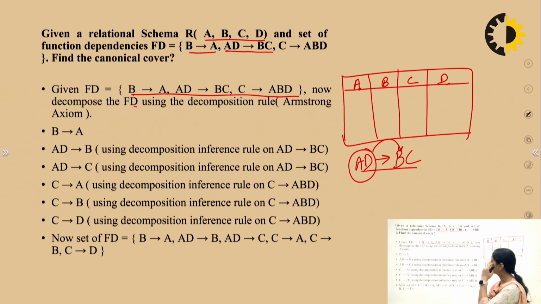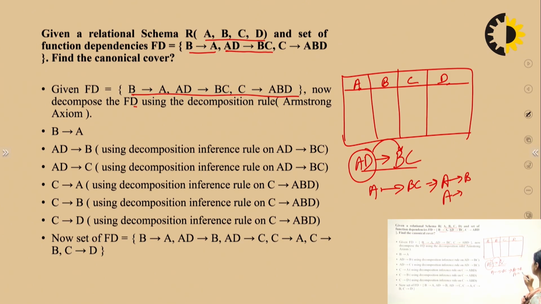Using the decomposition rule through Armstrong axiom, which says that if I have A functionally dependent upon BC, I'll get A functionally dependent upon B and A functionally dependent upon C. So this is the decomposition rule through the Armstrong axiom.